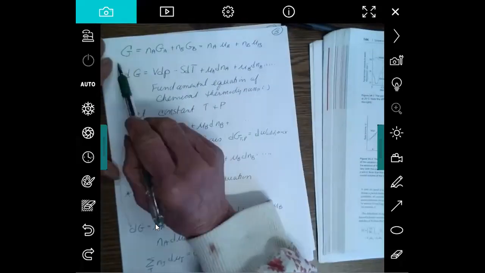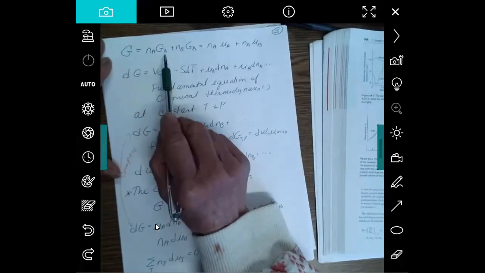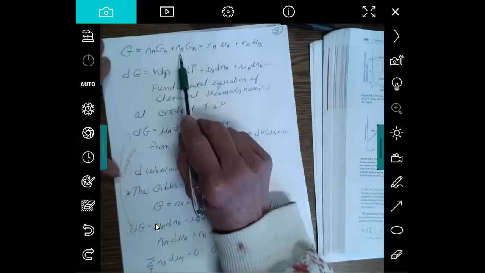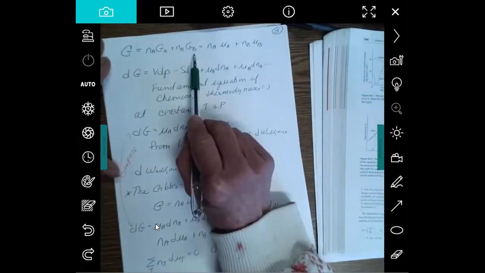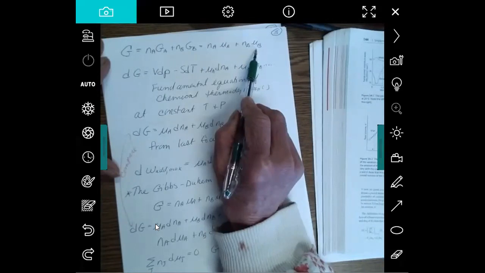So the Gibbs free energy equals the number of moles of A times the partial molar Gibbs free energy, the number of moles of B times the partial molar Gibbs free energy for B, and each of those is by definition a chemical potential.